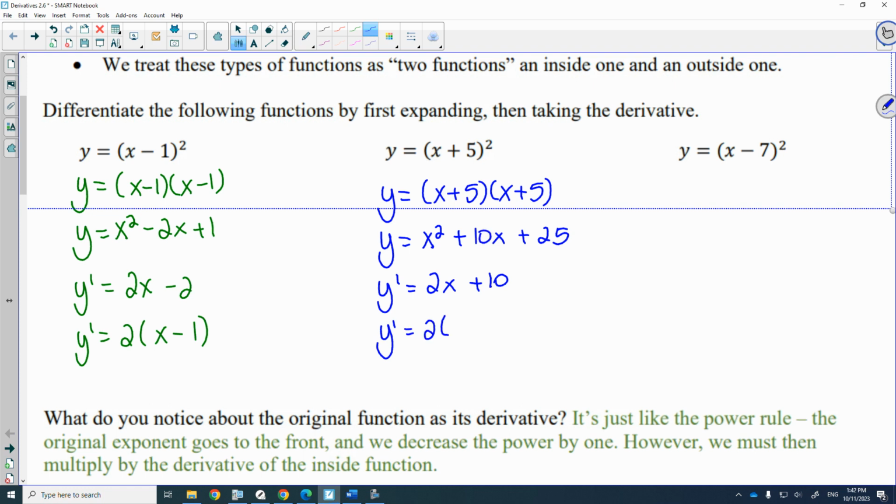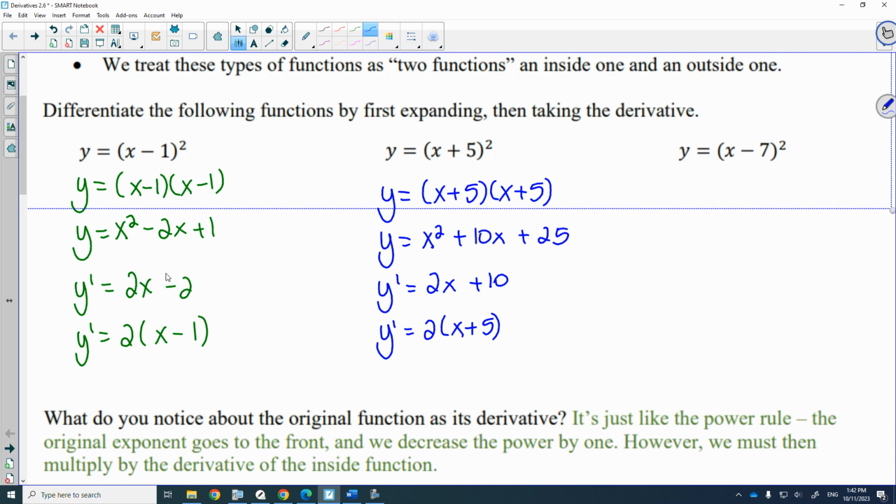We're going to get 2(x plus 5). Okay, does anybody see a pattern that's being developed here? So I want you to look at this derivative answer, the factored answer, based on what we initially started with. So what do you see?